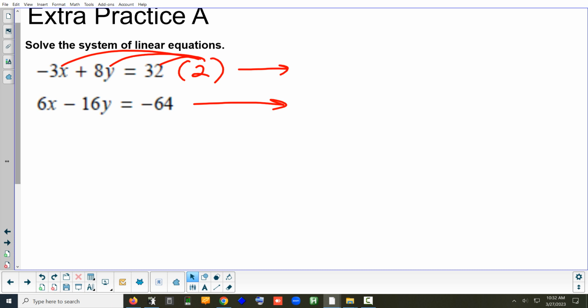Okay, so not doing anything to the bottom. So copy it over. And let's distribute 2 in the top. Well, Sean, what's 2 times -3x? -6x. Yep. Let's do the next one.